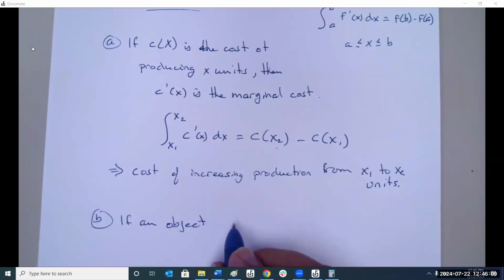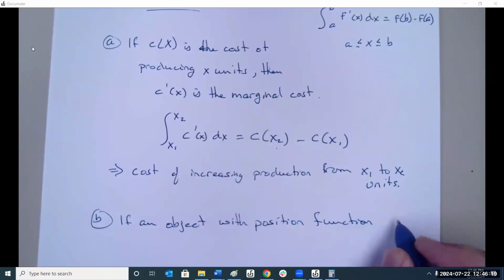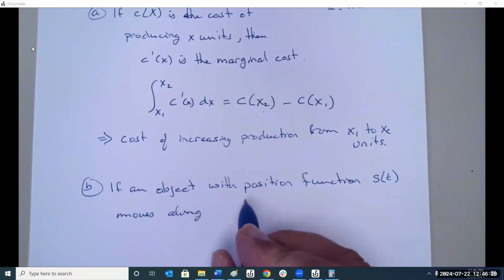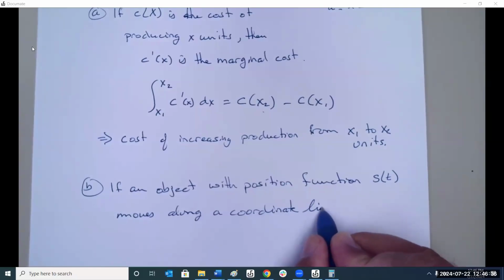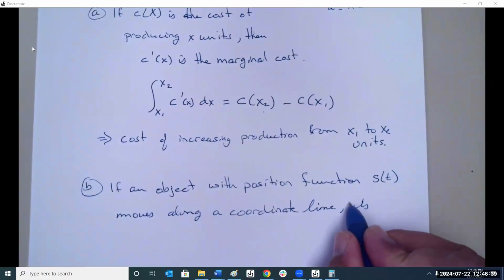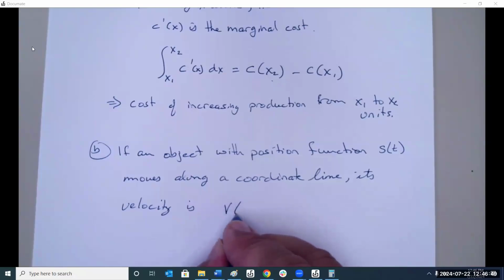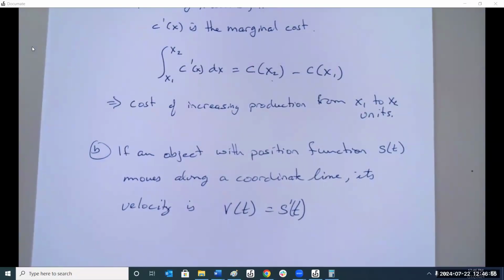If an object with position function S of t moves along a coordinate line, its velocity is the first derivative of the position function.